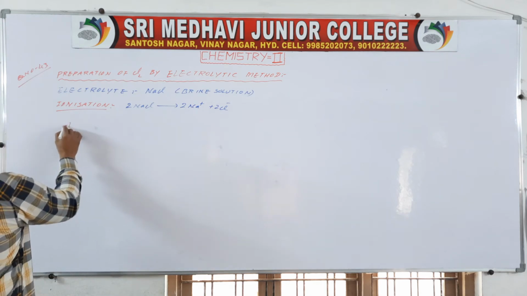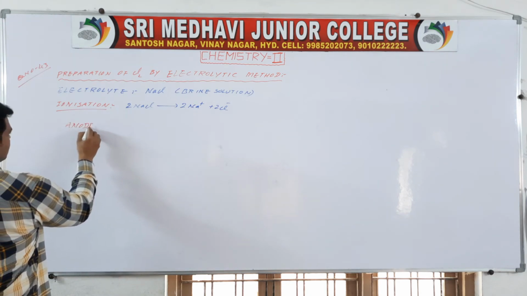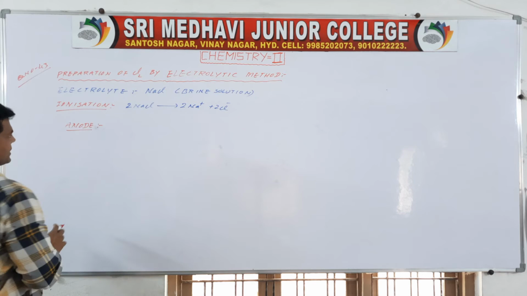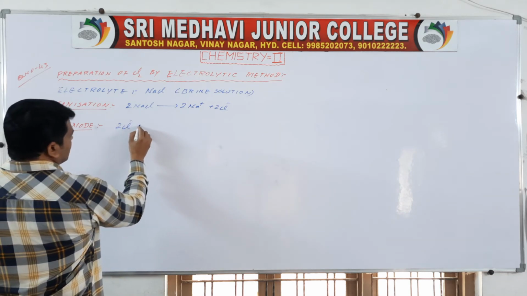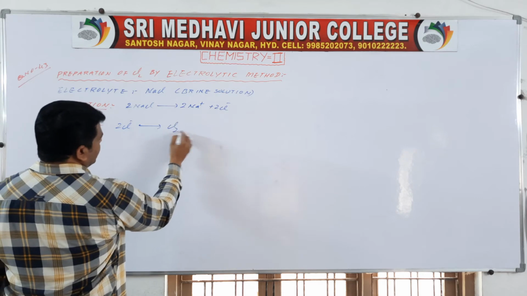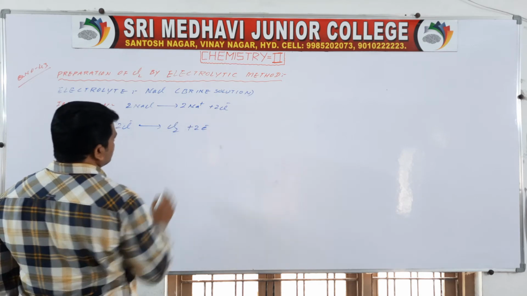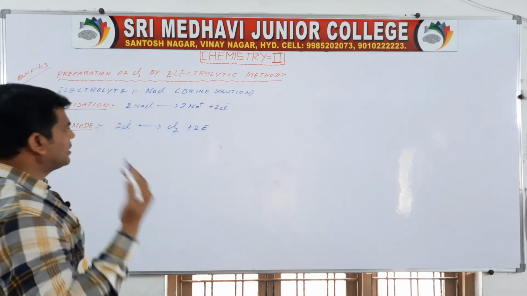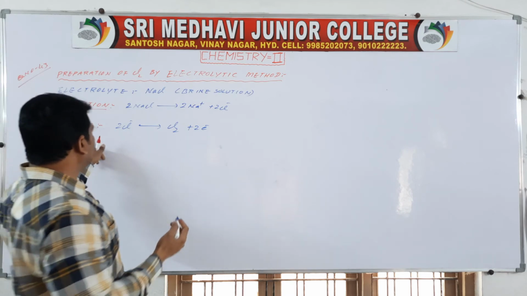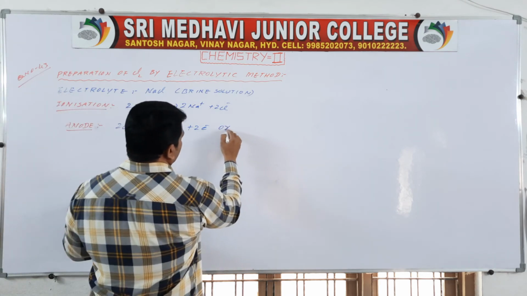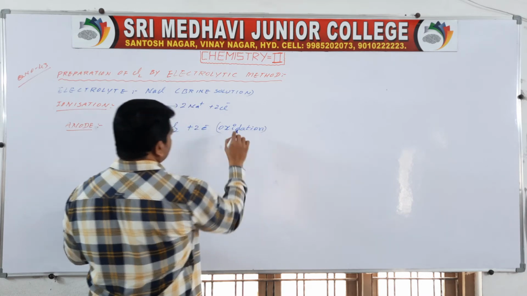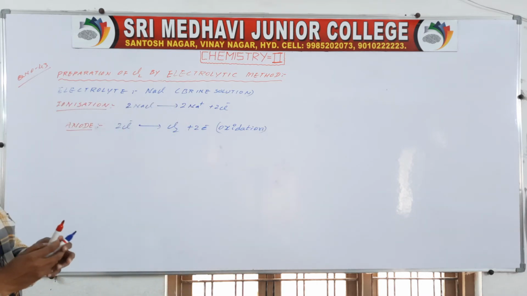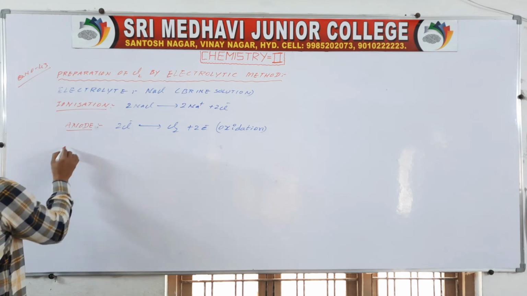So here is the anode reaction: 2Cl minus gives rise to Cl2 gas plus 2 electrons. Cl2 gas is formed at the anode. It is an oxidation reaction.